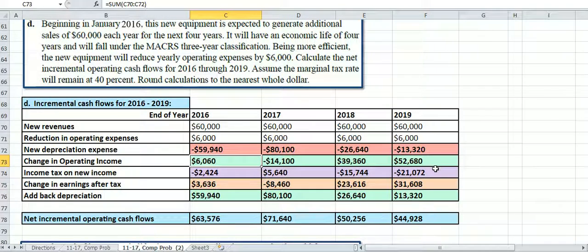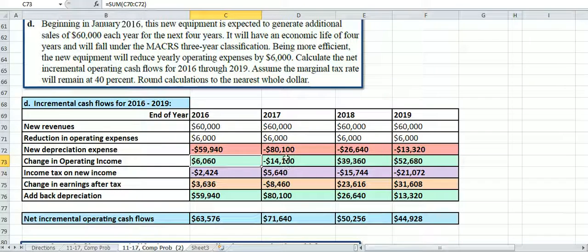Now this is our taxes right here. Since we have a positive change, we're going to have a negative in taxes because we have to pay tax on this positive change.